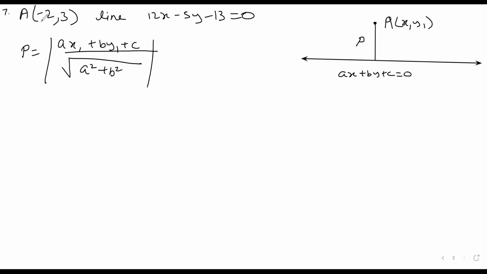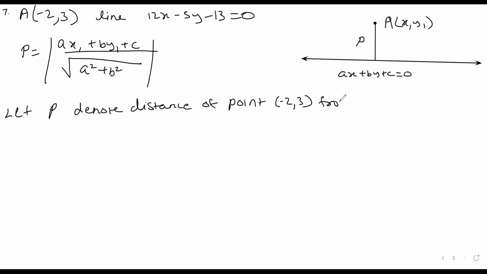So here the point is (-2, 3) and the line is this. Let P denote the distance of point (-2, 3) from line 12x minus 5y minus 13 is equal to 0.